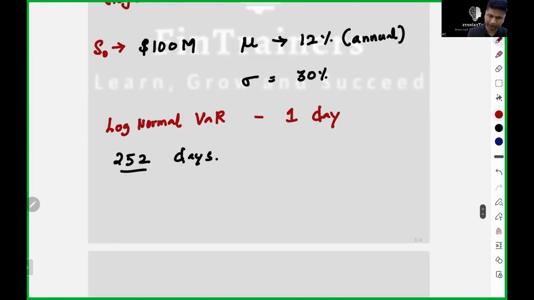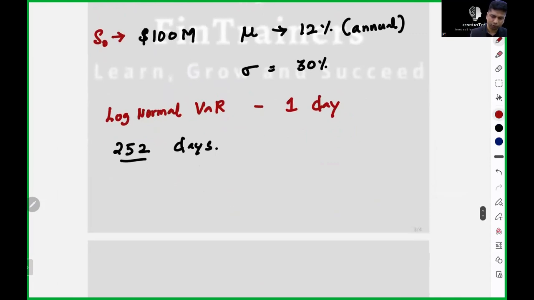Let's substitute in this equation. And before we do that, they are asking for a one day VAR, and these numbers are all annualized. So we need to make it a daily value. So let's start with the mean return, mu, which is 0.12 for a year.